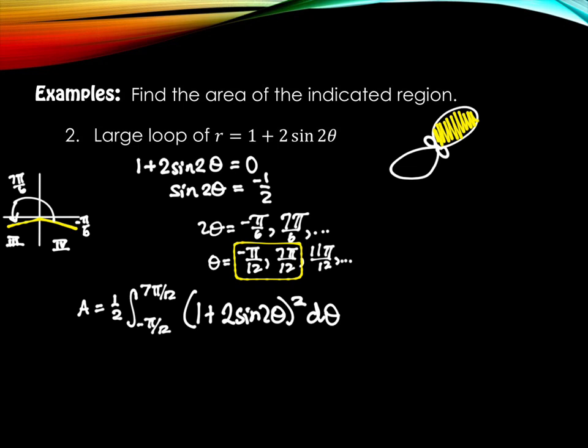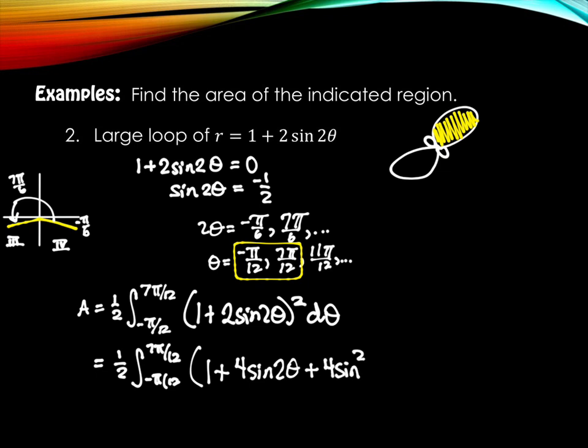Okay, this problem's not as concise, it's not as clean as the last one because I have a square of something that's summed, right? I have a square of a sum. So I need to multiply that out. So this is 1/2 the integral from negative pi over 12 to 7 pi over 12 of 1 plus 4 sine 2 theta plus 4 sine squared of 2 theta d theta.